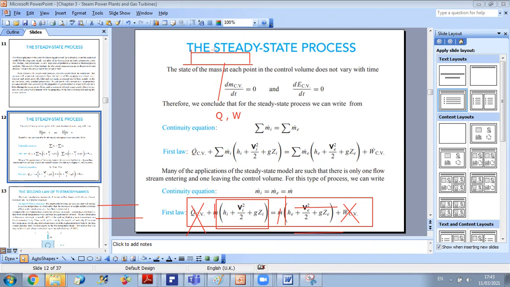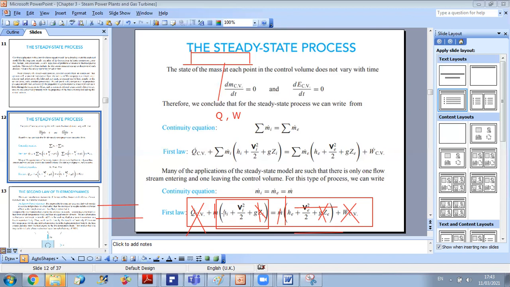Now, when they don't give me information about elevation, this means that either I have negligible change in elevation, or I have motion in a horizontal plane, so no change in elevation. This is why I can say that no change in elevation, and I cancel out g z inlet equals g z outlet. So I end up only here for the nozzle. The energy equation is much simplified.